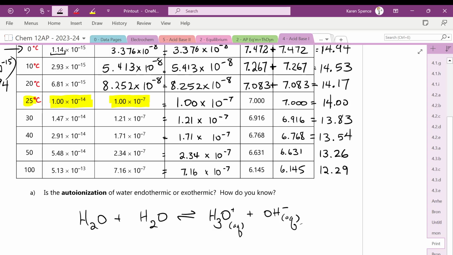Right. Okay. So we are making these. So it's true then, as we increase temperature, the amount of products increases. So where is that?